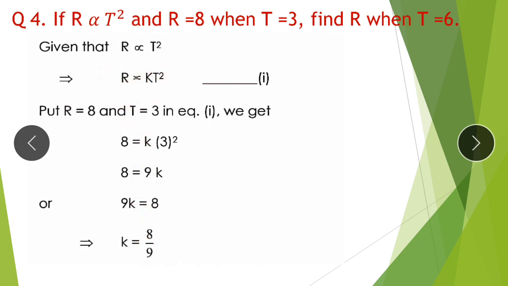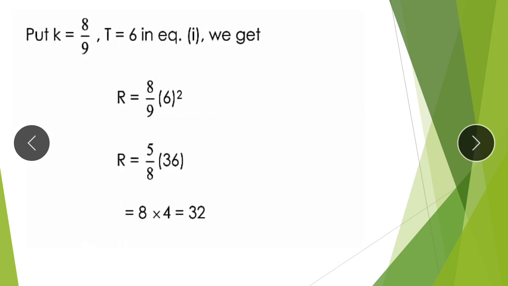Now we can put this k back in this equation in order to show the relation between r and t. Next part is that we are going to find the value of r when t is 6. So instead of t we can put the value 6 here, and we can go with the calculation. 8 4s are 36, and here we can see that this is done wrong.